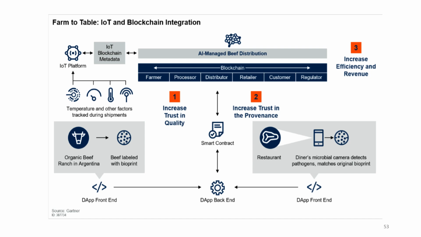Now here is what they call artificial intelligence managed beef distribution. They have all sources of beef and the transportation units and the warehouses and all these things. The blockchain attempts to obtain data from the farmer, when the animal was first produced, to the processor who kills the animal and does other terrible things to it, to the distributor, and then the retailer, the customer, and the regulator is included.